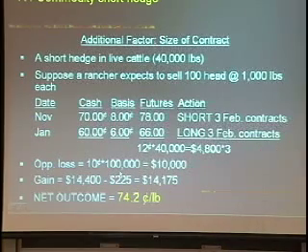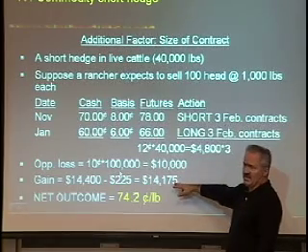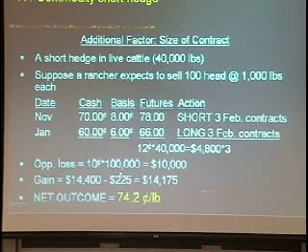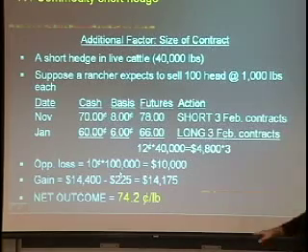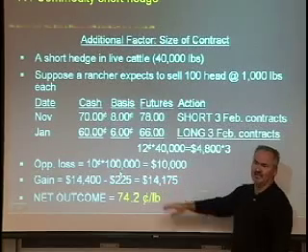So we've got 60 cents a pound, and that's 100,000 pounds. That's $60,000, and we've got $14,000. So that's $74,000 and change. And so we divide by 100,000. That gives us 74.2 cents a pound. That's one way to do it. Or you could just measure this in pounds, and it's 14 cents a pound.